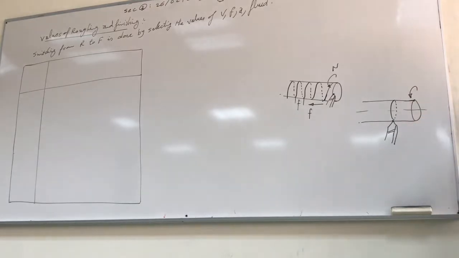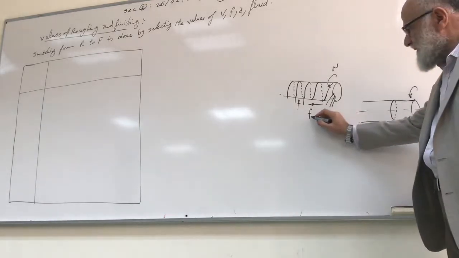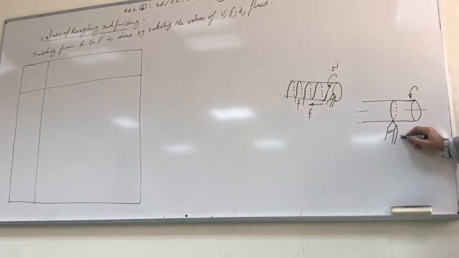It will be a circle. And if you give, instead of longitudinal feed, a cross feed, then it will cut a circular groove.